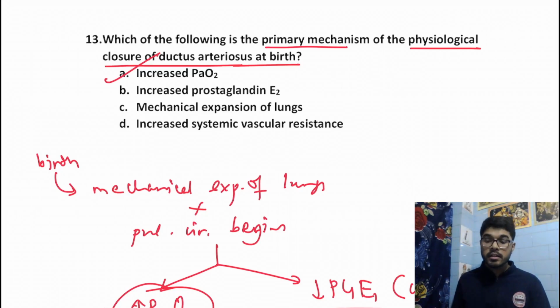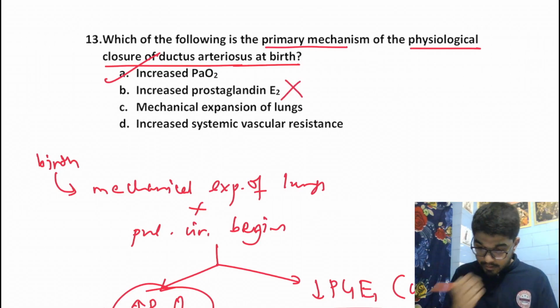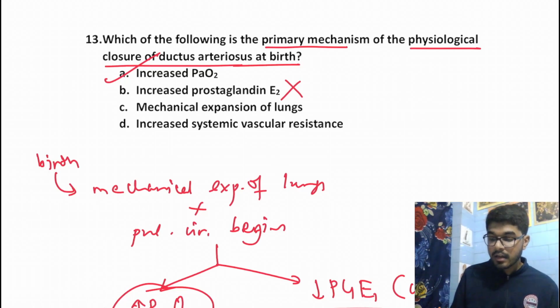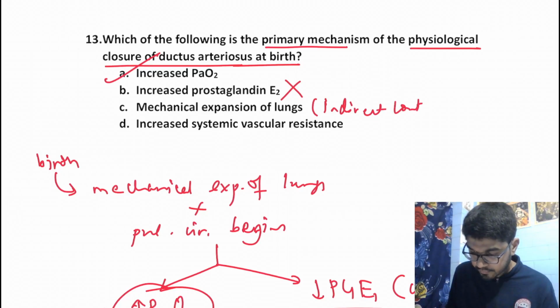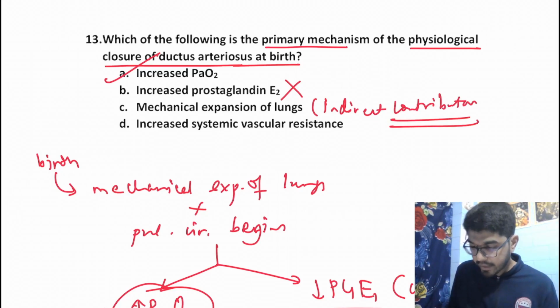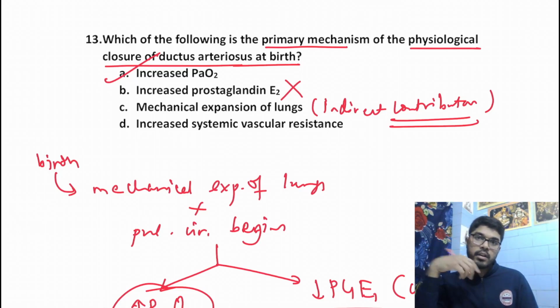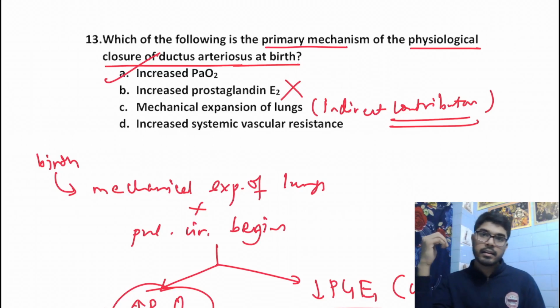If not increased PaO2, then it would be decreased PGE1. And if not decreased PGE1, then our answer would be mechanical expansion of the lungs, which is an indirect contributor.